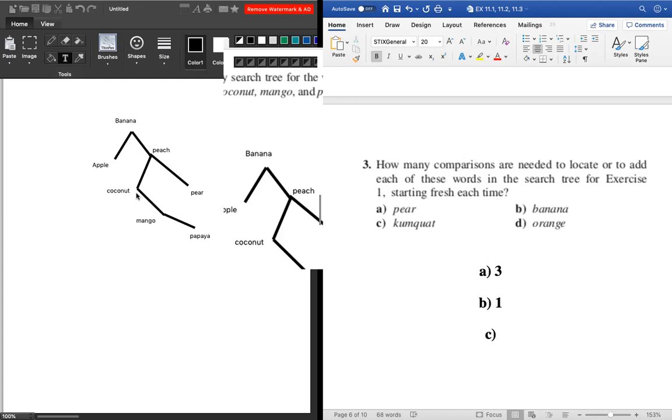Okay. Now C. Is C kumquat? No. So we move down to this node. Now we are at 3 already. So now I search, is kumquat mango? No, it's not mango. But since K comes before M, therefore I will put it here. So that will be my 4th comparison, right? So therefore 4 comparisons are needed to add this word, kumquat.